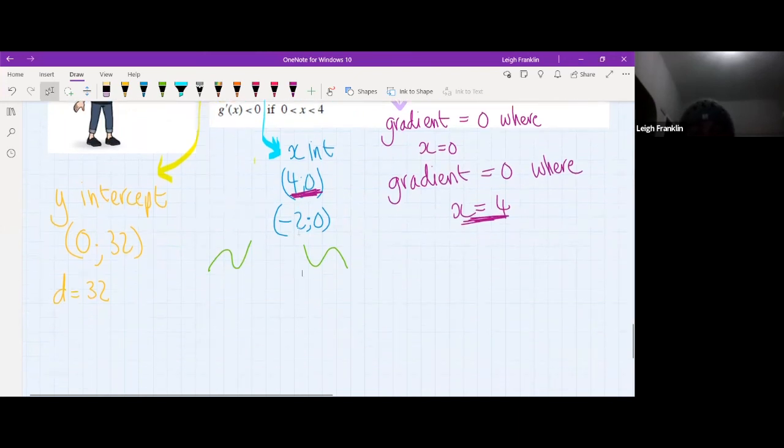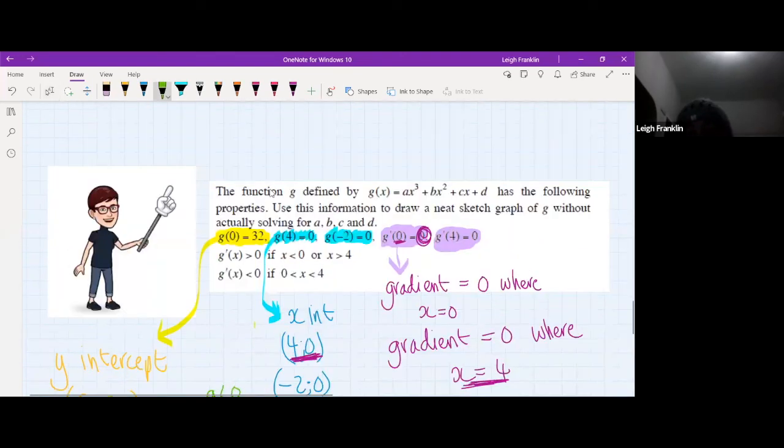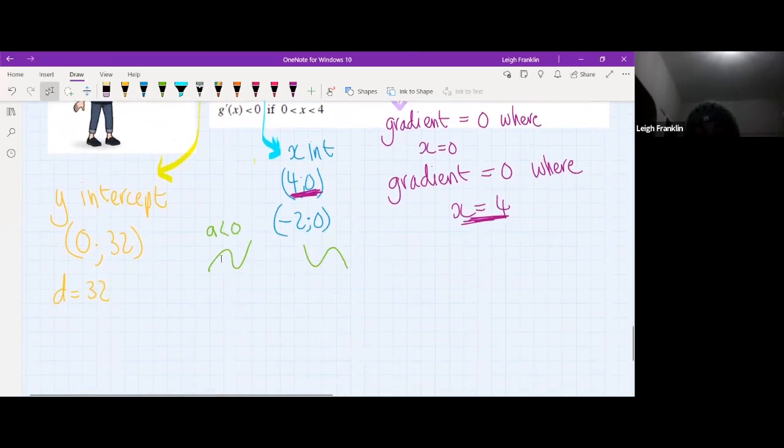If the graph looks like the one on the left, remember, in other words, the a from ax cubed. If this a over here is a positive number, the graph is going to be concave down and then concave up. Sorry, I've written my sign the wrong way around, I beg your pardon.